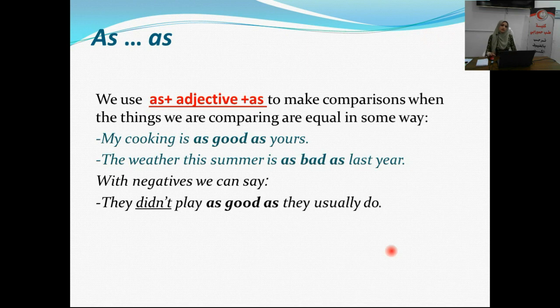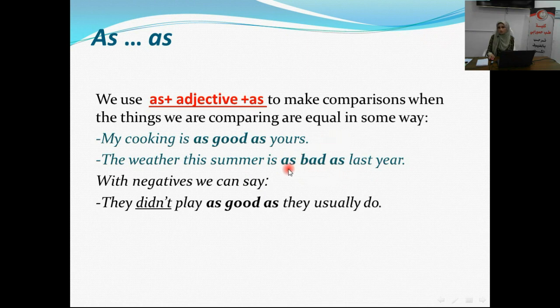Look at these examples. My cooking is as good as yours. So I'm comparing my cooking with yours, so I will say my cooking is as good as yours. The weather this summer is as bad as last year. So we are comparing the weather of this summer with the weather of last year, so we used as bad as.